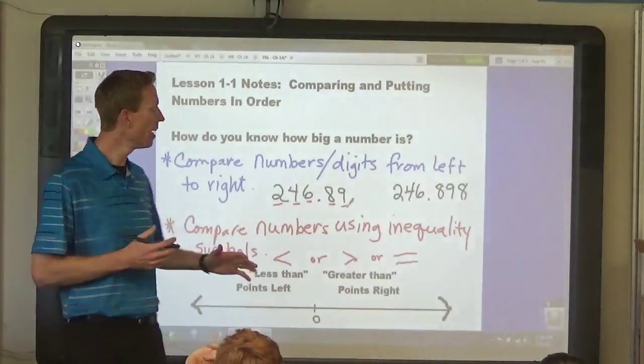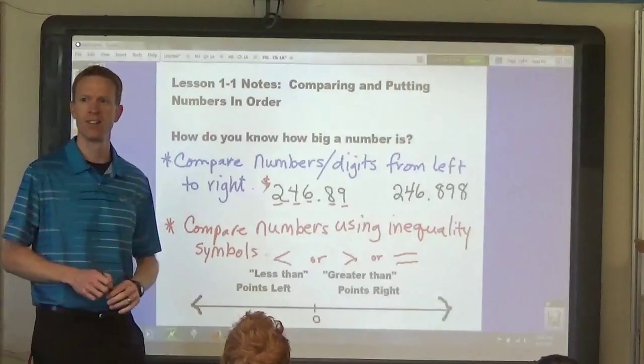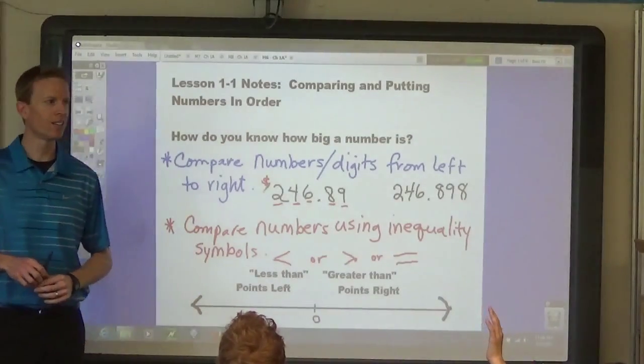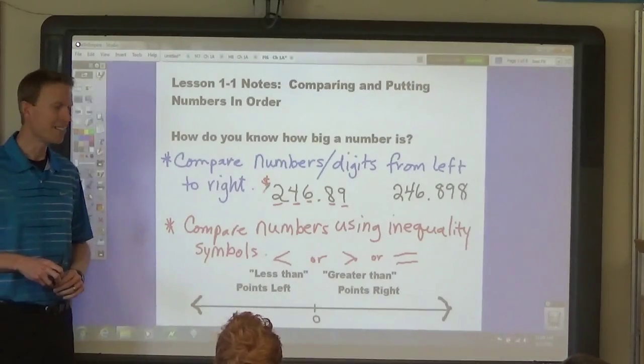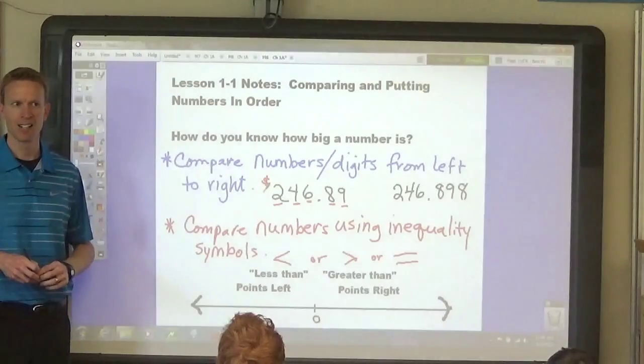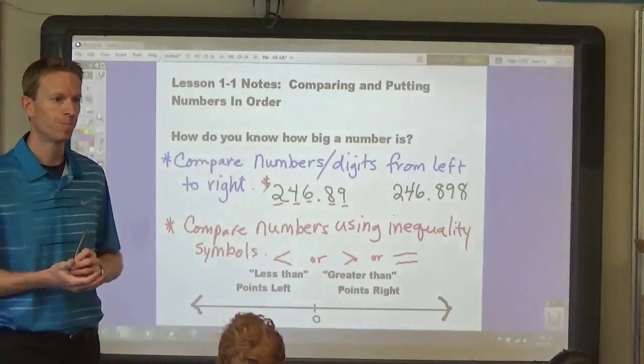What if this was money? This would be like 9. Daria? 9 cents. Yeah, 9 pennies, because a penny is worth 1/100th of a dollar.